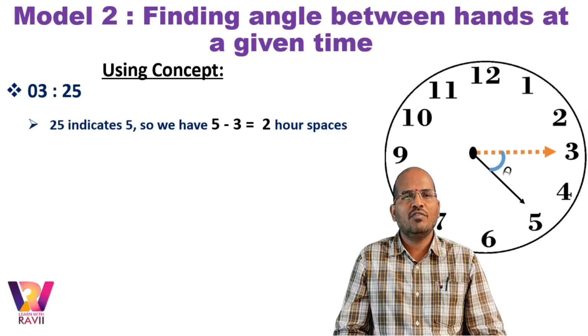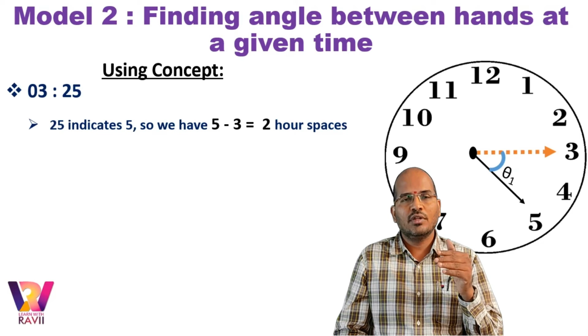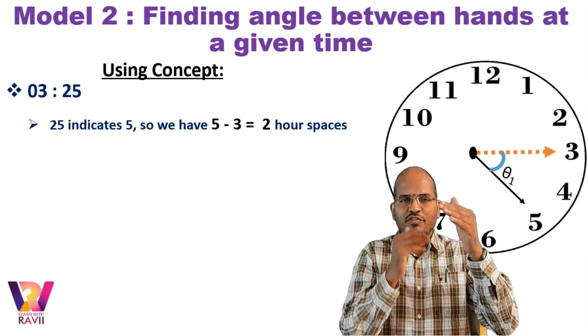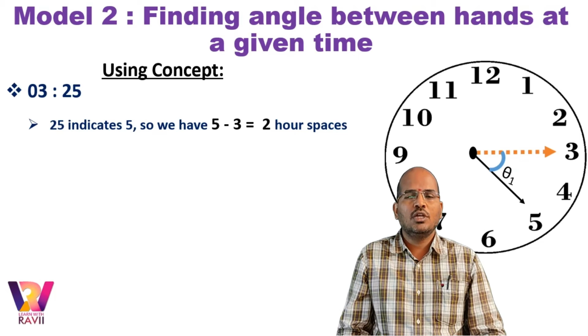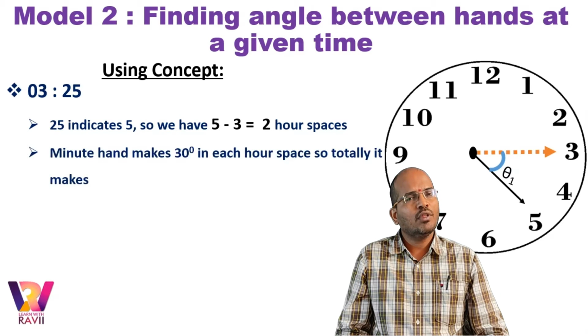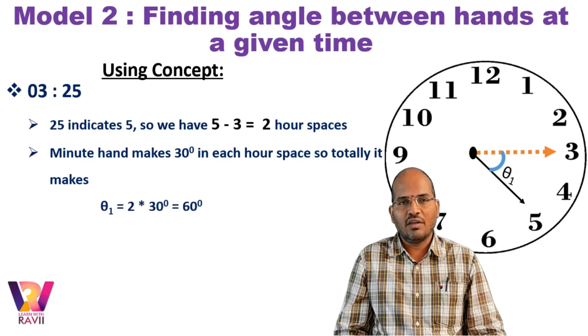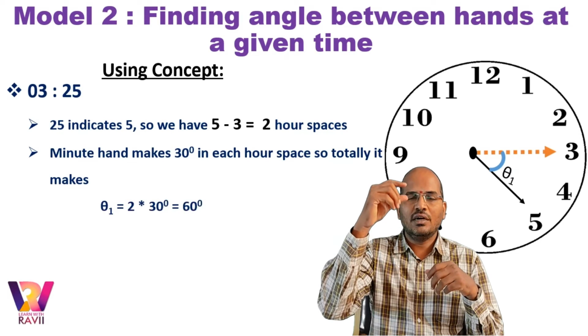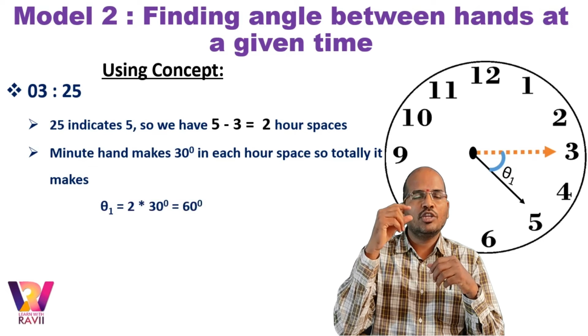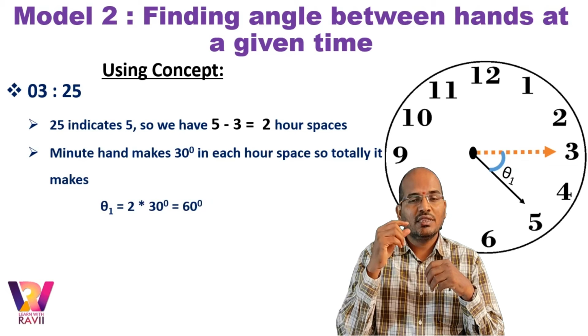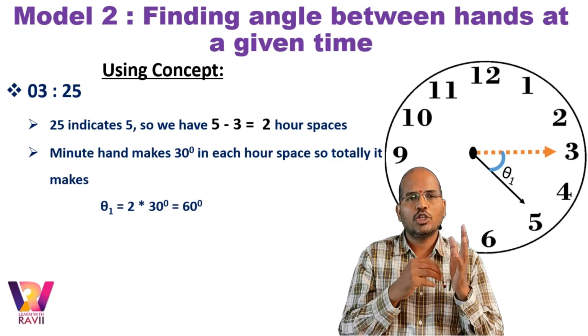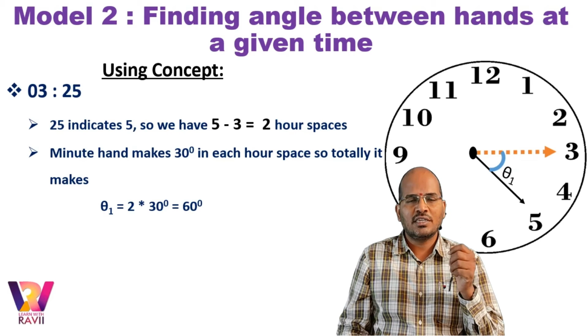So the angle between them would be 2 times 30 degrees, that is 60 degrees. We have learned that the angle between consecutive hour spaces is how much? 30 degrees. Clear? So it is 2 times 30, 60 degrees.